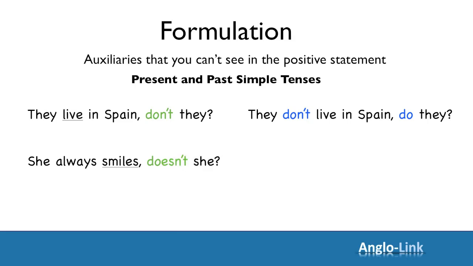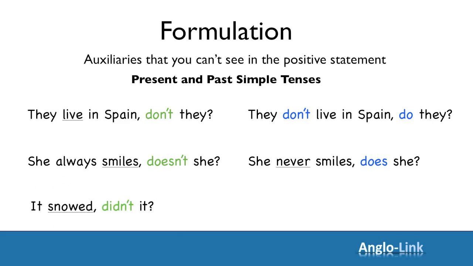She always smiles, doesn't she? She never smiles, does she? Notice that the word never creates a negative sentence and therefore requires a positive tag. And the last sentence in the past simple tense, it snowed, didn't it? It didn't snow, did it?